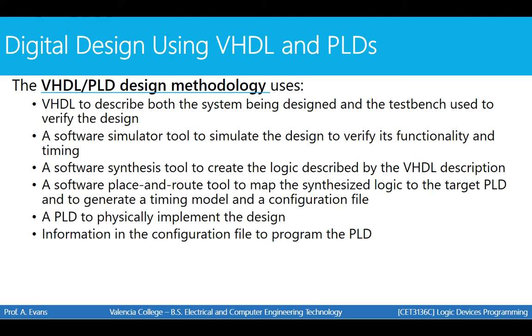So Quartus is our software that's going to be sort of the medium between our VHDL code and the PLD itself. And that software is going to include things like the place and route tool that basically connects the logic to the actual hardware on the PLD. So we also have to have a physical PLD to implement our design.